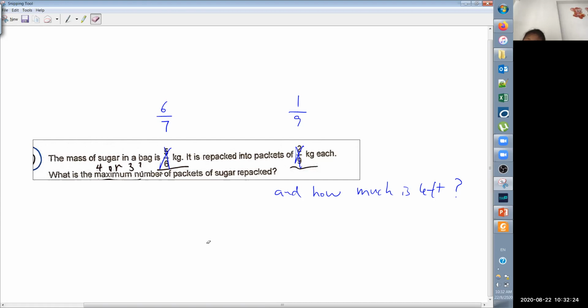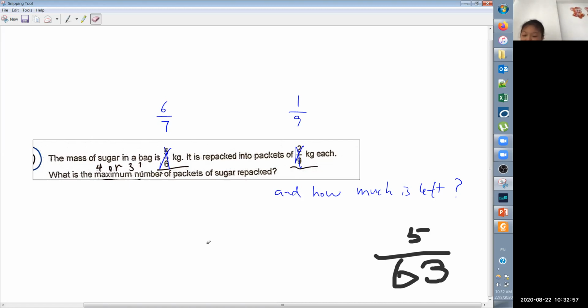Using your Apple Pencil. So 7 packs and 5/63 left.